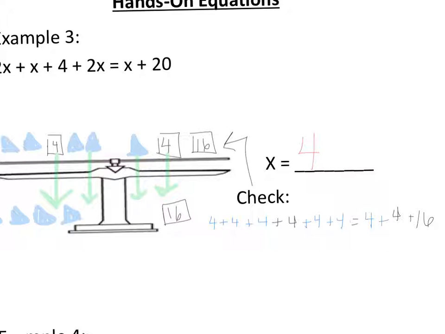So let's check and see if we're right. 4 plus 4 is 8, plus 4 is 12, plus 4 is 16, plus 4 is 20, plus 4 is 24, equals 4 plus 4 is 8, plus 16 is 24. So we find out that both sides, in fact, equal 24. Therefore, our answer of 4 is correct.